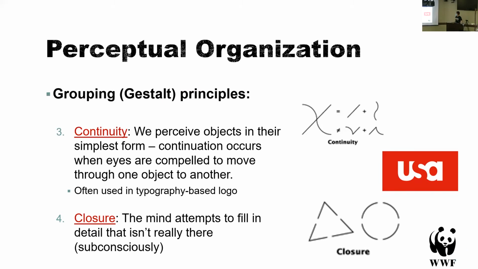And this logo kind of shows that. Do you see a panda here? Yeah. Okay. Even though the face is not really there, we see it. We fill in the details that are missing. All right. Any questions so far?